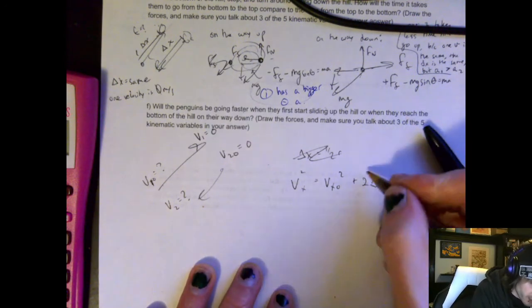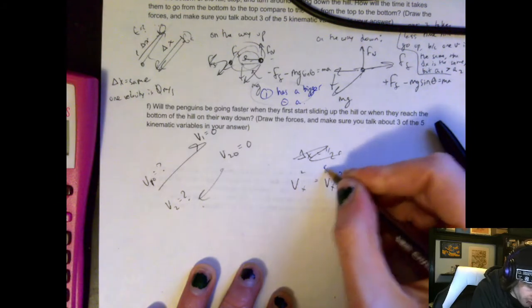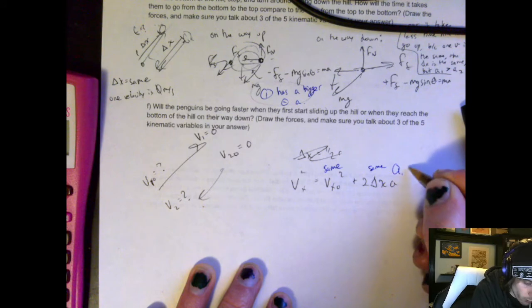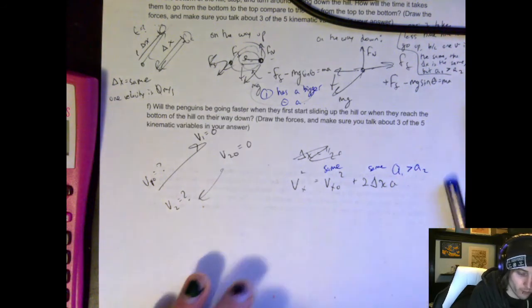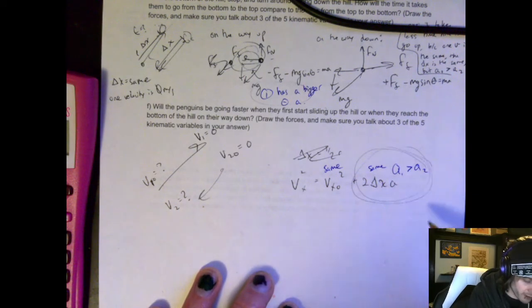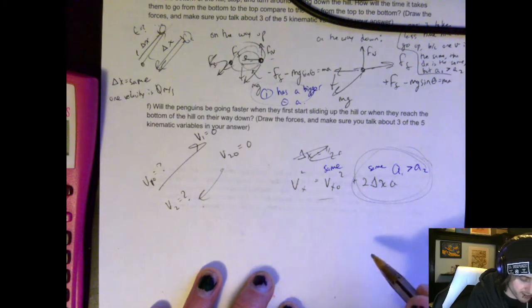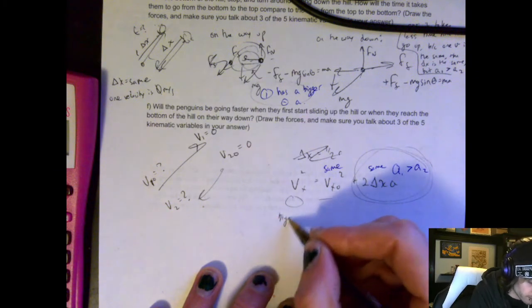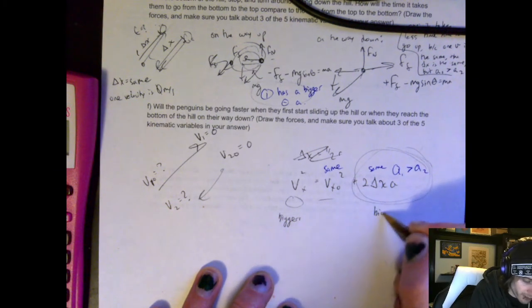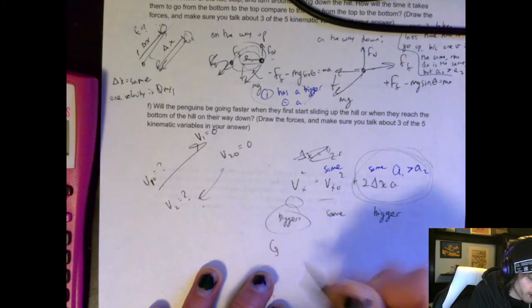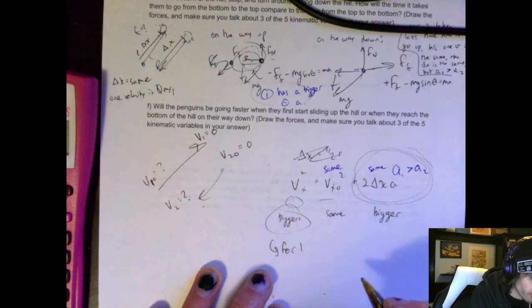So I know that this one is the same. I know that one of these is the same. And I know that this one is that A1 is bigger than A2. So if this number is bigger and this number is the same, this number will also be bigger. So we've got bigger plus the same thing means bigger for 1.